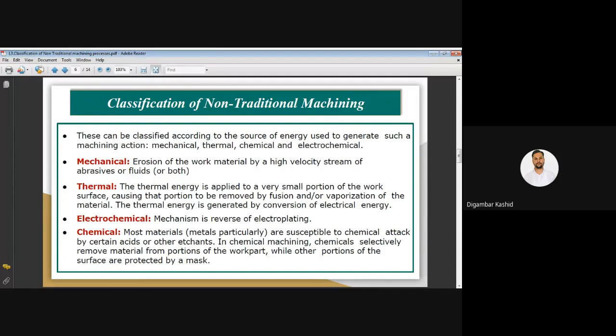We have the mechanical domain, that is mechanical energy based non-conventional machining processes. Then thermal energy based, or thermoelectric, we can call. Then electrochemical energy based processes are there. Then chemical is there.